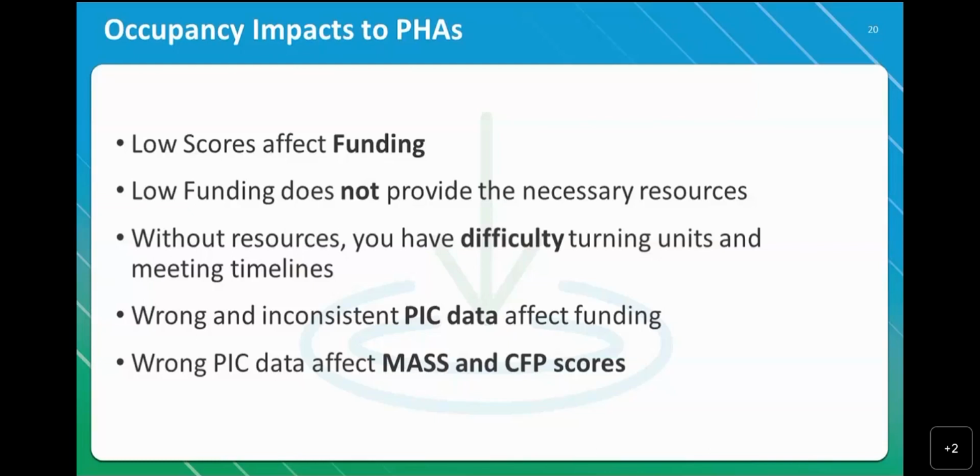Oh, okay. Well, the highlight here is low scores always affect funding, and the difficulty is when you have no funding, it is hard to balance your operations and your business. And I was highlighting that it's not just a fiscal problem, it's also an issue with the program.